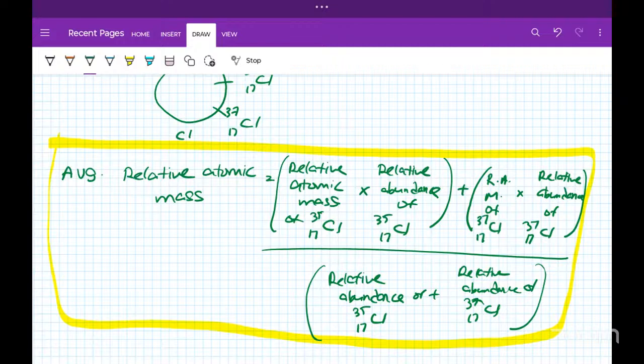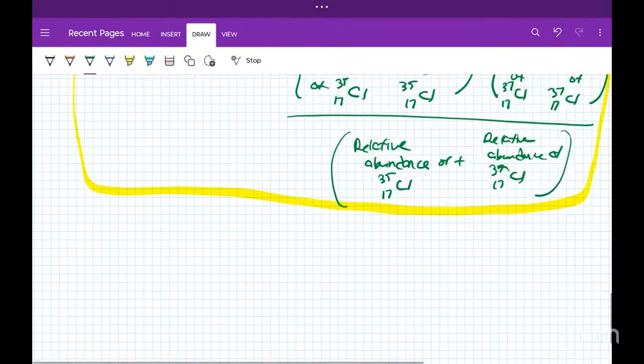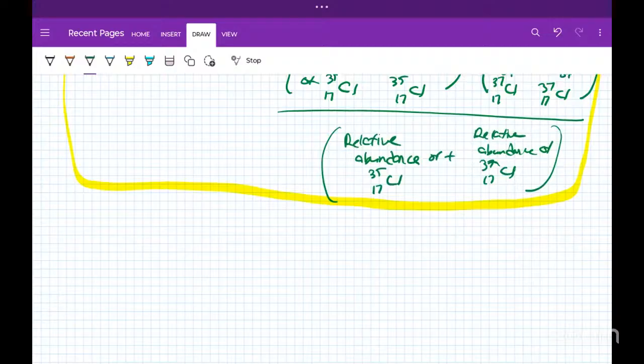Yes, sir. Okay. Now, this is about the evolution of the concept. Relative atomic mass has evolved into average relative atomic mass when there is a considerable amount of isotopes, right?